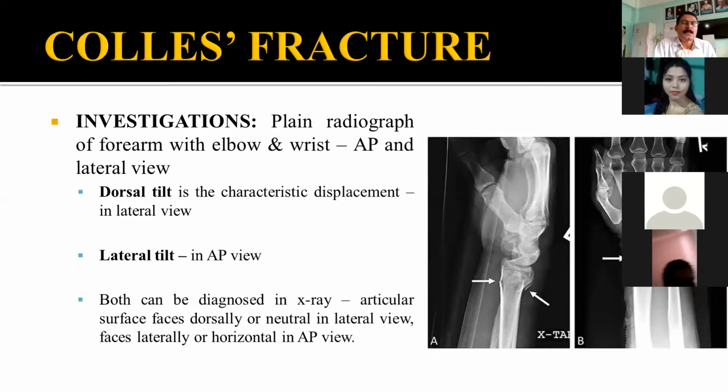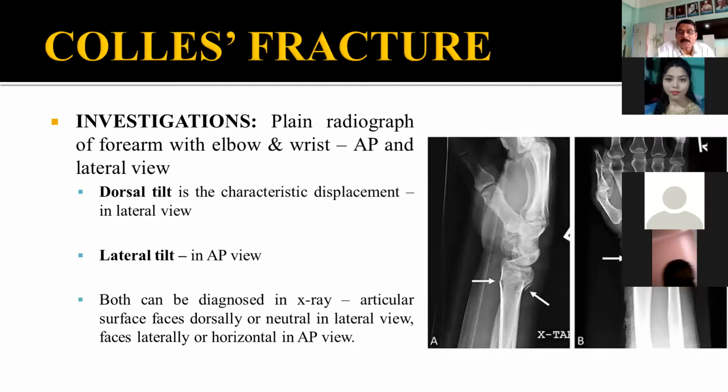X-ray is basically of the wrist joint, but it is essential to take the X-ray of the whole forearm, so as to exclude the possibility of injury to the elbow joint also. Sometimes, in very rare conditions, you may get injury to the elbow joint also. Though primarily it is the wrist joint, one should take the X-ray of the whole forearm along with the elbow joint and the wrist joint.